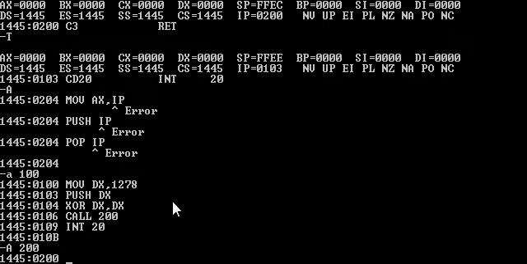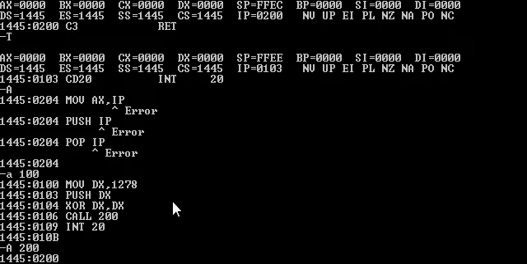There are restrictions, and one of those restrictions is you can't copy ES into DS, for instance. It's not allowed. It's not because it's theoretically impossible. It's because it's just not wired that way.